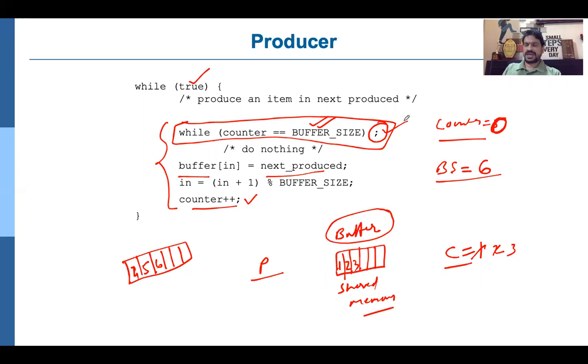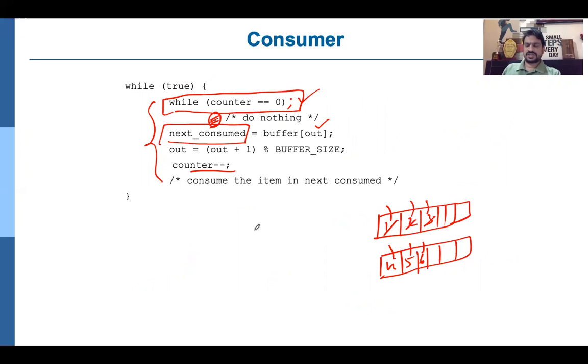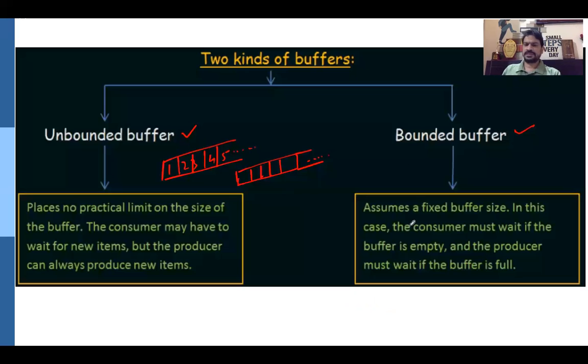It will not do anything. And at the same time, if the consumer finds that there is nothing in the buffer, then the consumer also has to wait. So in this concept, the consumer and producer both have to wait, but the waiting condition is different. The consumer has to wait if the buffer is empty, and the producer has to wait if the buffer is full.